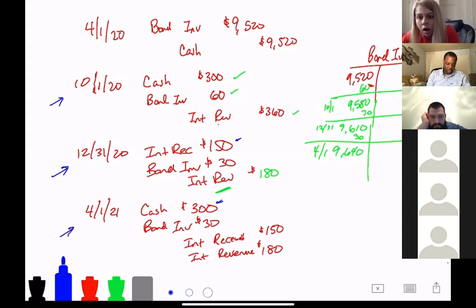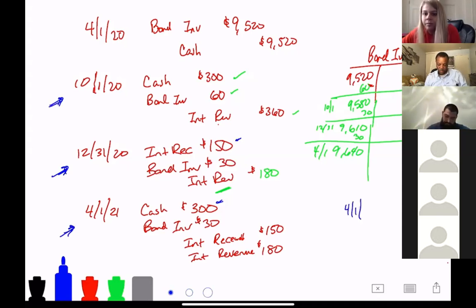And then it just keeps repeating itself. All the way until we get to 4/1, I think 24, when we debit cash for 10,000, credit the bond investment for 10,000. I will pause there.